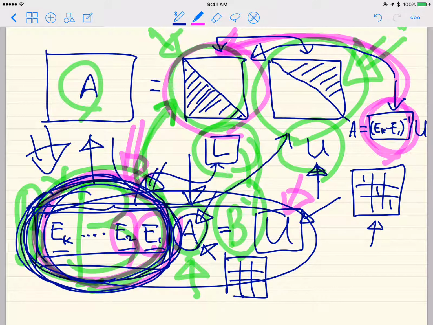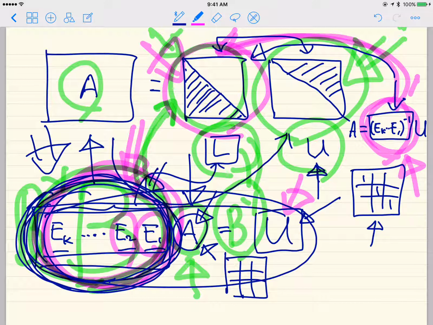And this guy is lower triangular, and what's good about it as well is that its inverse also remains lower triangular. So each row replacement is lower triangular, the multiplication of all of them is also lower triangular, and its inverse, which will become our L, will also be lower triangular.